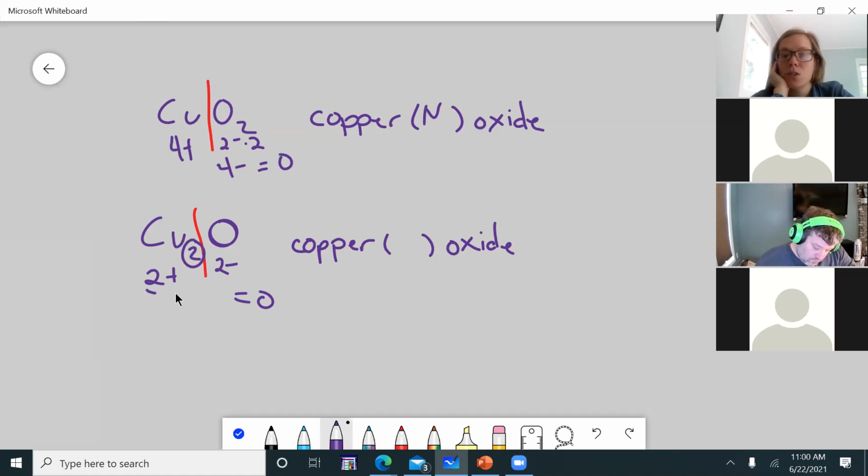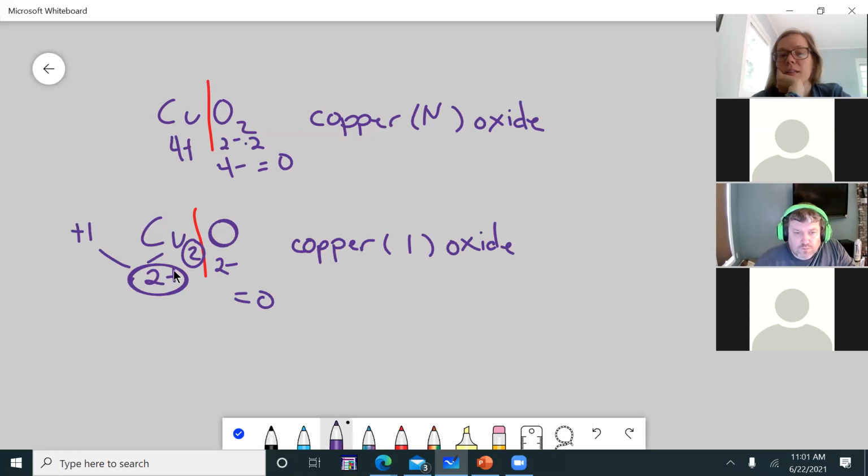So that means that this 2+ is going to be distributed, or it's going to be broken up amongst each of those coppers. So 1 goes to one copper, 1 goes to the other copper. So each copper has a 1+ charge. There are 2 of them, bringing the 2+ total charge, but each one has an individual charge of 1+. So this formula is actually copper 1 oxide.